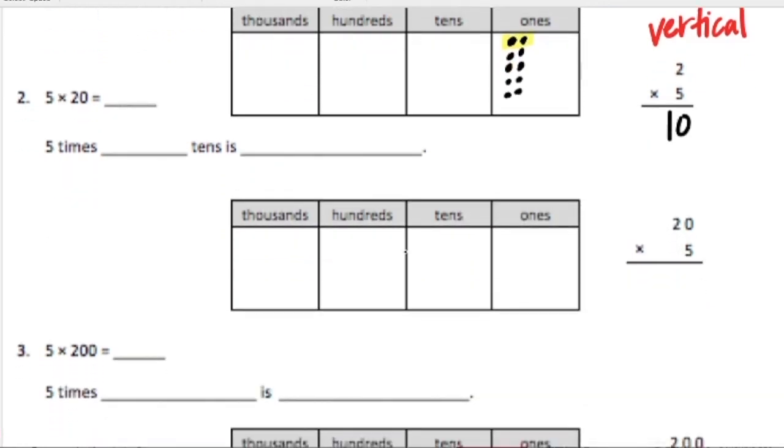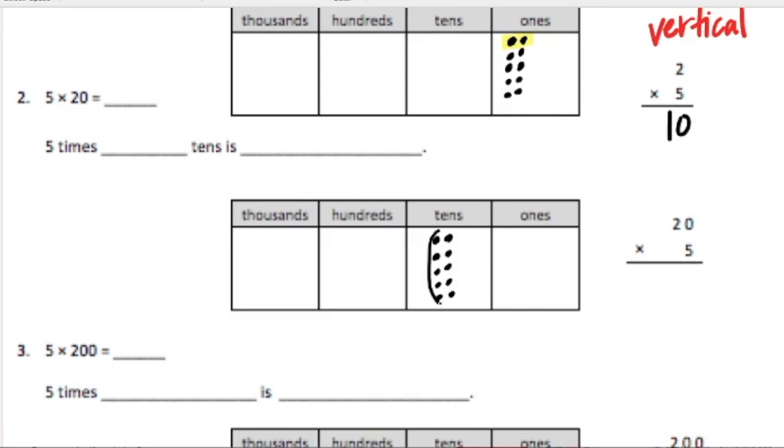All right, for the next section, we're going to do 5 times 20, which is 5 times 2 tens. So this time I'm doing 2 tens 5 times, or 5 rows of 2. That would be 10 tens. 10 tens equals 100, right? Because of course I can bundle this: 10, 20, 30, 40, 50, 60, 70, 80, 90, 100.